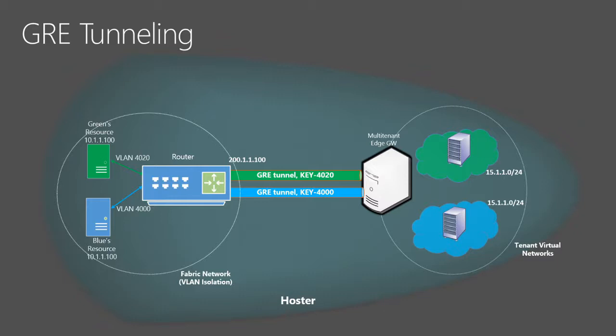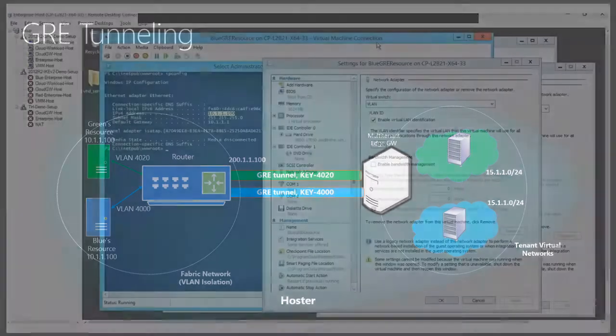We have a router in between which routes traffic between the physical network and the virtual network, and that is possible because both these resources talk to the router on different VLANs. Green uses 4020, blue uses 4000, and the router maps all this traffic to two different GRE tunnels, 4020 for green and 4000 for blue, and when these two tunnels hit the gateway, it maps the traffic into the virtual network. So let's see how this works in the demo.